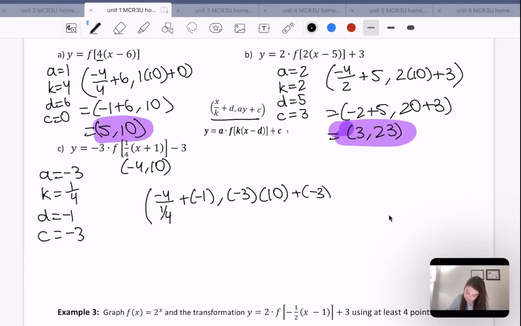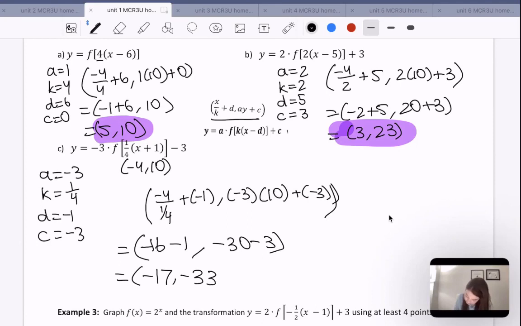So plus negative 3. Okay. And what's that equal to? Well, this is equal to negative 16 minus 1. And this is equal to negative 30 minus 3. And this is equal to negative 17, negative 33. And that is our final answer.